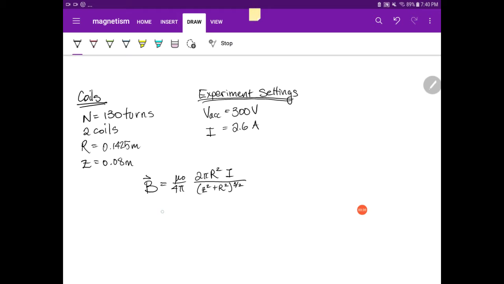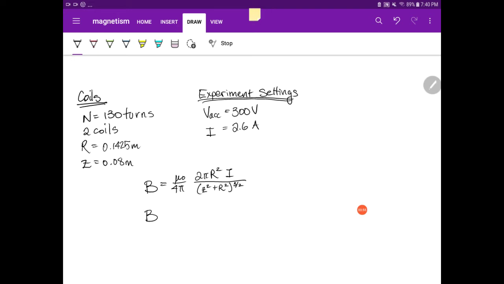And so if we plug in our numbers, and I'm going to write this as a magnitude so we don't have to worry about, we know the direction from the setup of the experiment. And so if we plug in numbers from all of this, so we have 2.6 amps for I, R is 14.25 centimeters, Z is 8 centimeters, we have to convert those things.